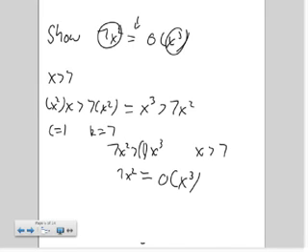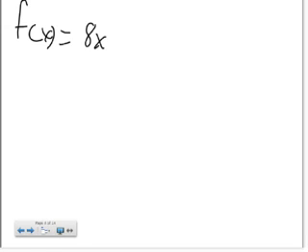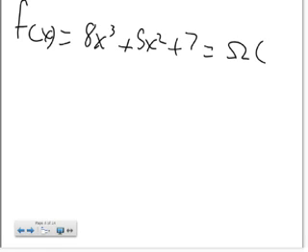Let's show an example for omega though. So omega is just the opposite again of big O notation. If you have f of x equal to, for example, the function 8x cubed plus 5x squared plus 7, you want to show that this is omega of x cubed.